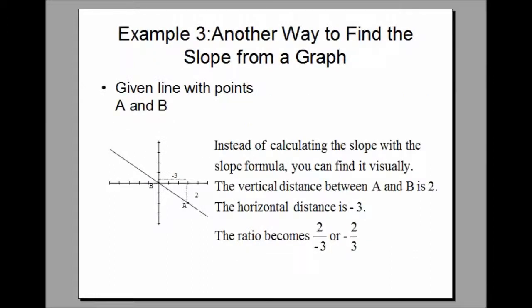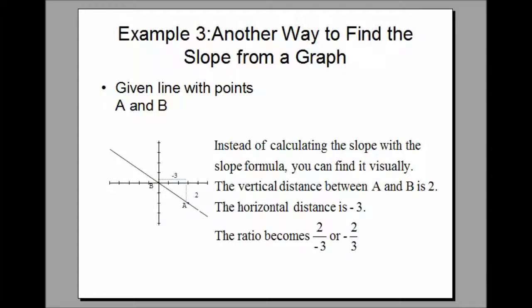Let's talk about another way to find the slope from the graph. We're using the same graph we used in the previous slide, but notice how we would find the slope by visual inspection. As we go from A to B, we have to go up 2 points and to the left 3 points. Because we're going up 2, our change in y is 2, and that's our rise, and it's in the numerator.